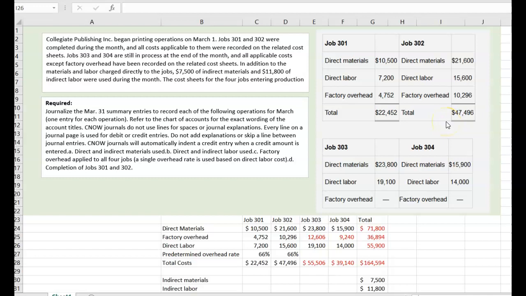301, 302, 303, 304. Okay, so let me go back to reading it. Now, jobs 303 and 304 are still in process at the end of the month, and all applicable costs except factory overhead have been recorded on the related cost sheets.